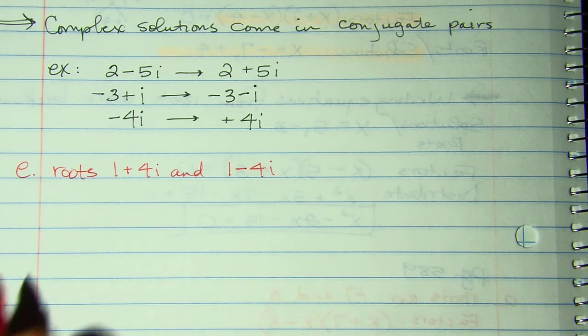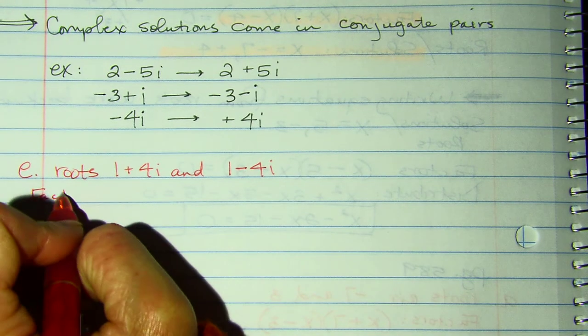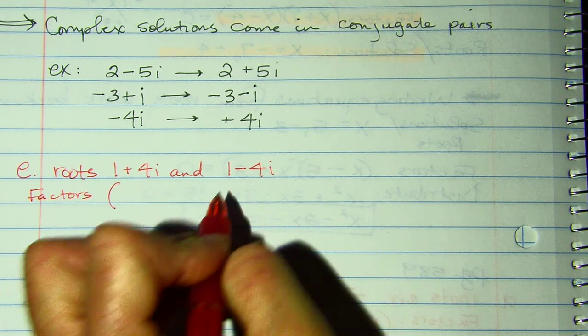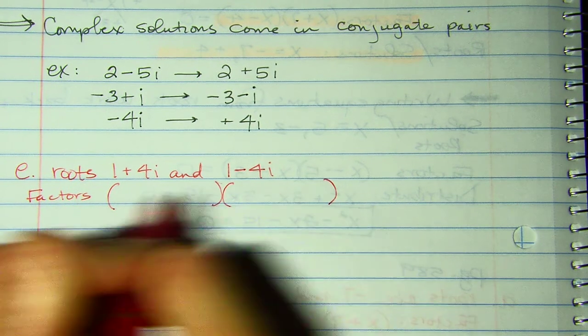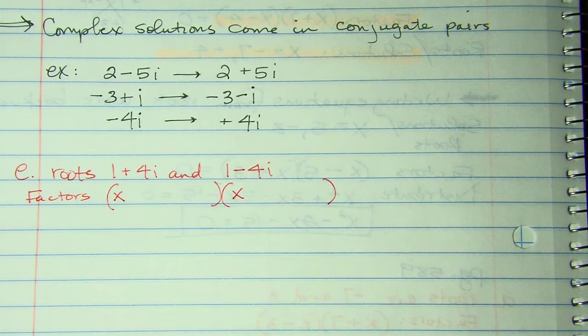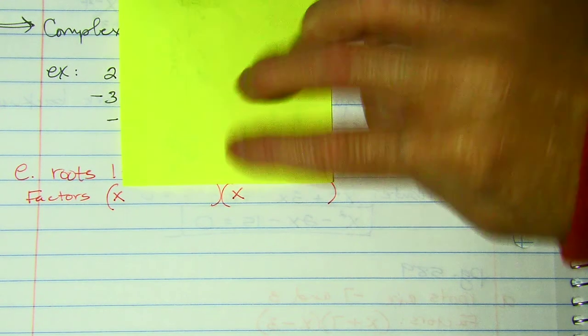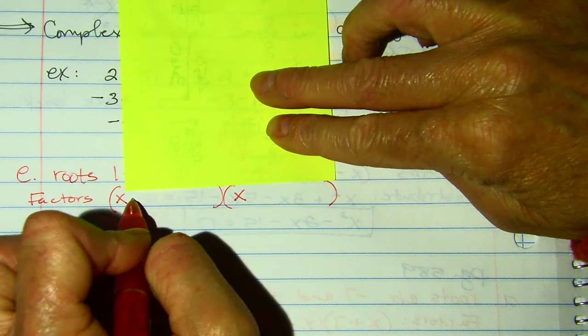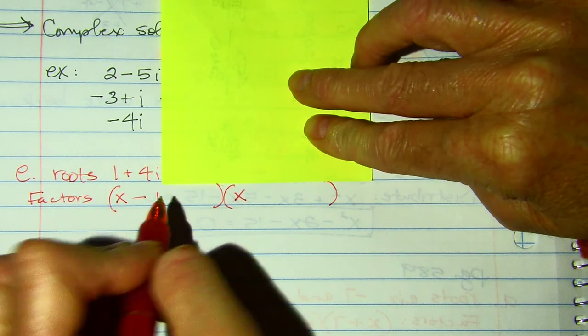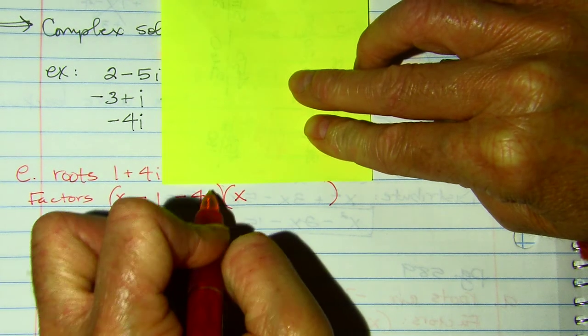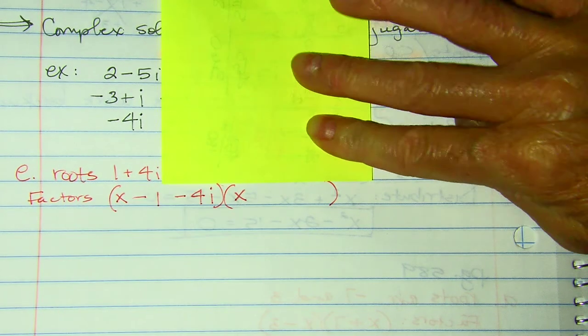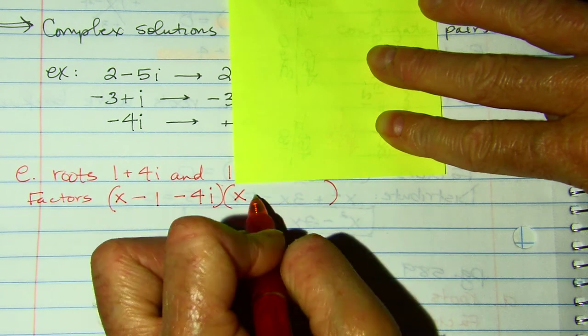So here are our factors. Remember, I have to start with an x. The opposite of 1 is x minus 1. The opposite of positive 4i is negative 4i. Next factor, the opposite of 1 is negative 1.